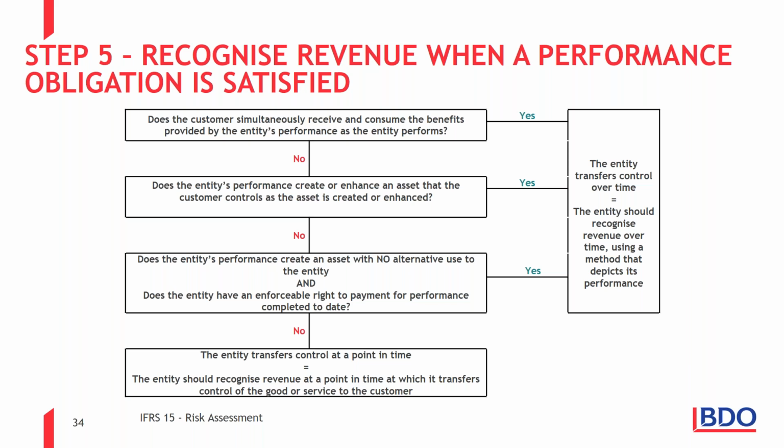so I control it as they progress. Or the last alternative: if we've got a specialized asset where there's no alternative use to us, and we have an enforceable right to payment for performance completed to date. There I always use our own firm and auditors as an example.